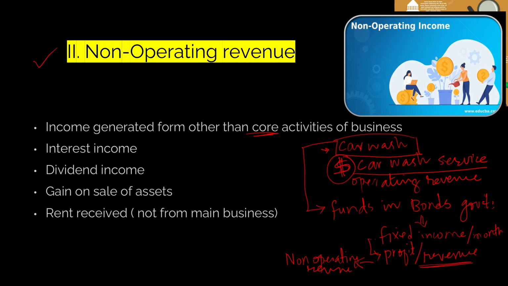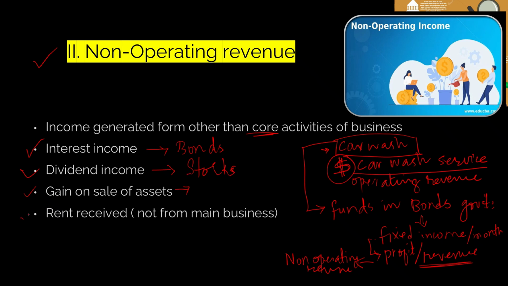You just need to understand that this income is generated from another source outside the business, not from within the business. So it is income generated from other than the core activities of the business. For example, interest income which can be earned on bonds, dividend income which could be earned on stocks, and gain on the sale of assets, such as stocks whose market price has increased and which have been sold.